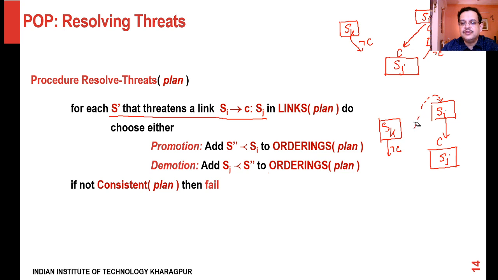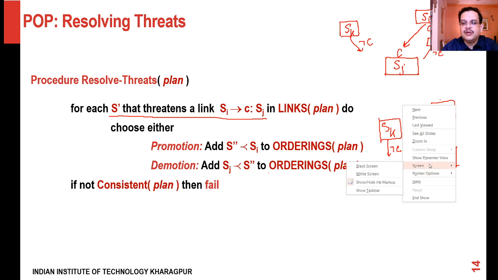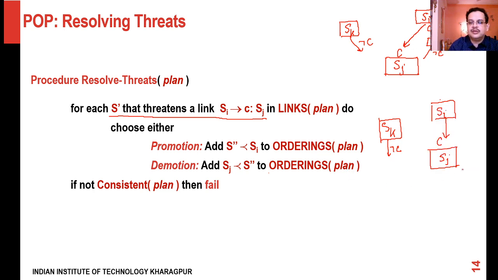Then instead of this one, we will put a different ordering action, namely this is going to force Sk to be executed after Sj.